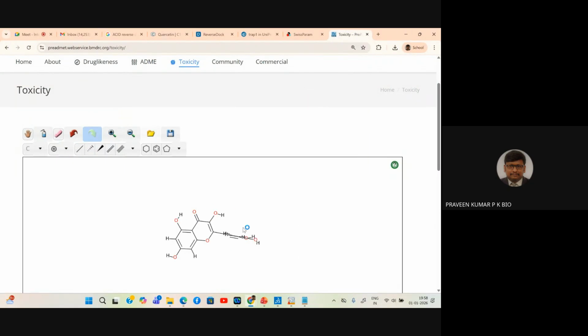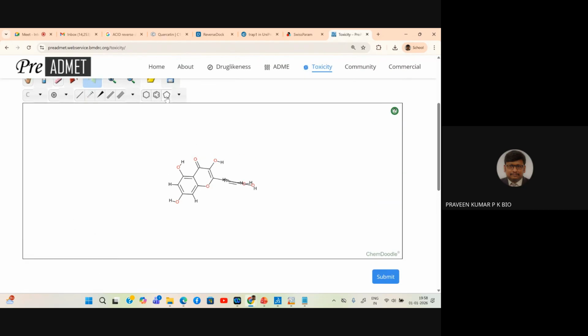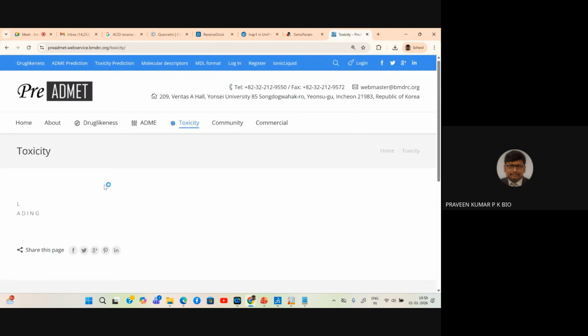So we got this chemical compound loaded. Or else you can draw this using the tools available. Click submit. So whatever I'm uploading, that is quercetin, I'm assessing the toxicity using the pre-ADMET.